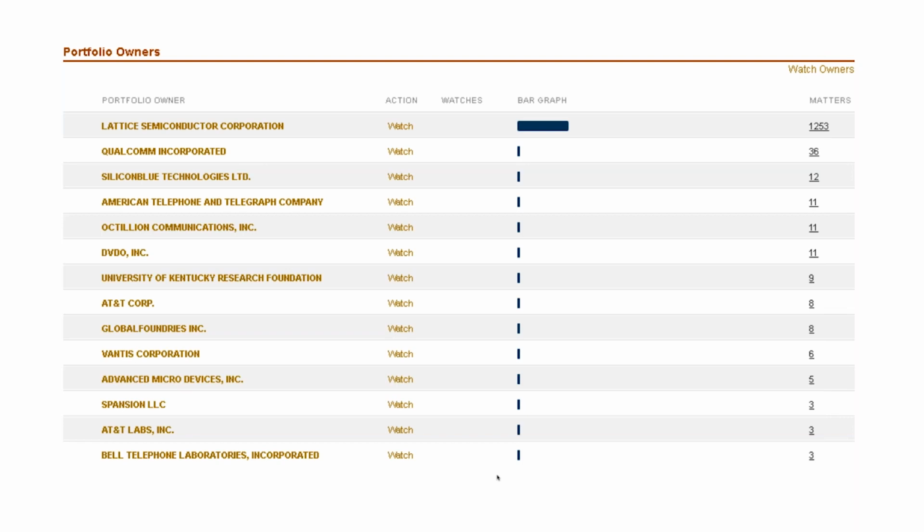For instance, University of Kentucky Foundation has 9 jointly shared matters with Lattice Semiconductor. You can begin to work your way through this and start to get hints and nuances of what's in a portfolio. So what you're seeing here is really a merger or a discovery of both original and current assignee, so that we can look at these individual matters explicitly to understand what the relationship is.